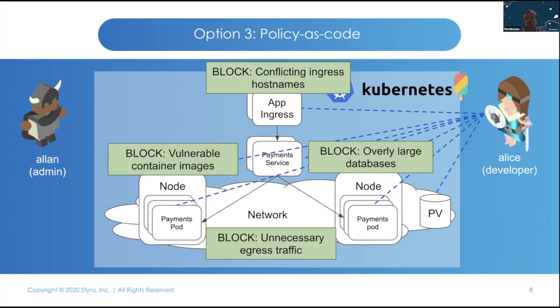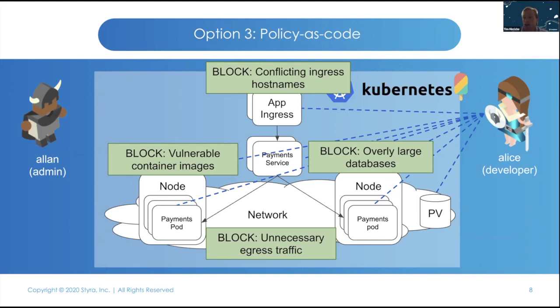But what I'm going to really focus on today is option 3, which is to embrace automation, which is to take those PDFs, those Word documents, those emails, those wikis, take the rules and regulations out of all of them and codify them in software. Create policy as code, just like we create infrastructure as code. Take those rules and regulations and put them into software so that now software can enforce those rules.